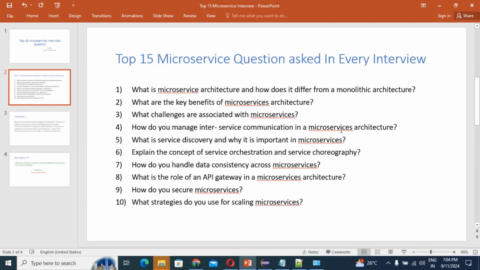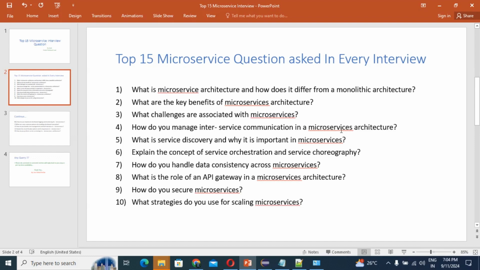That's why it's called monolithic, not microservice architecture. Micro means small, a small service, a small application.